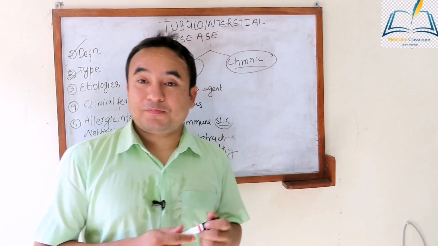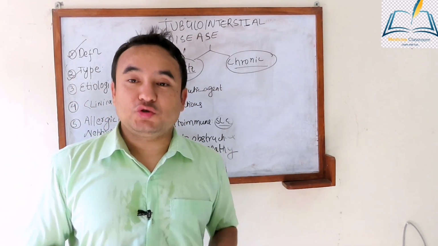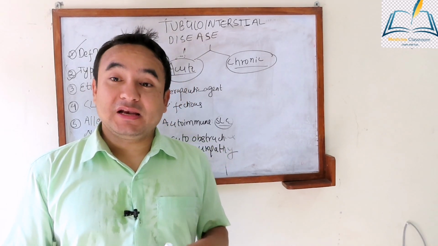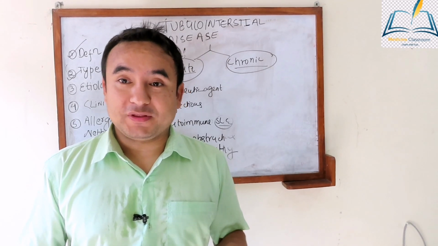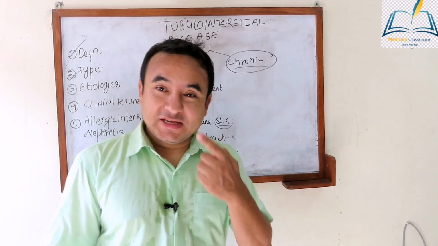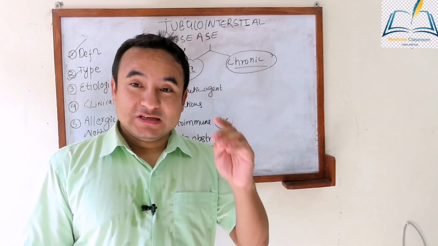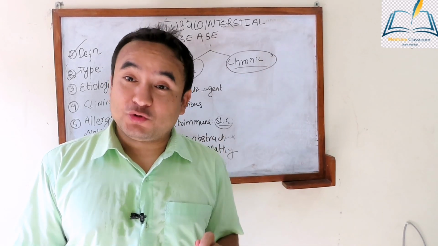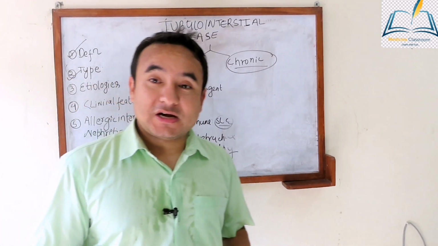Like in the case of hyperuricemia, uric acid can block the tubules, and that can cause acute interstitial disease, that is acute uric acid nephropathy. So in the acute causes, remember T means therapeutic agent, I means infectious cause, A means autoimmune cause, and another A means acute obstructive uropathy. These are the causes for acute tubulointerstitial disease.